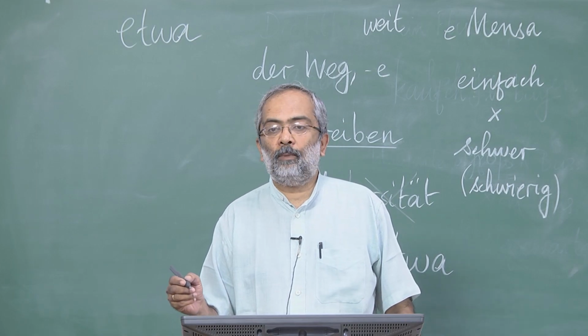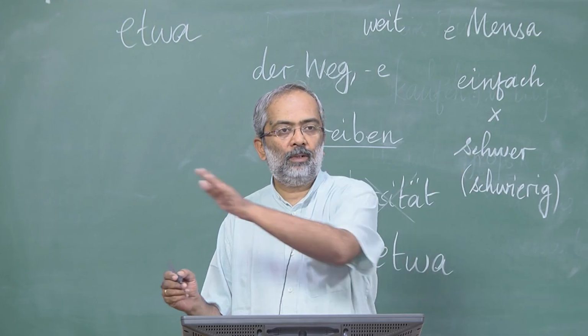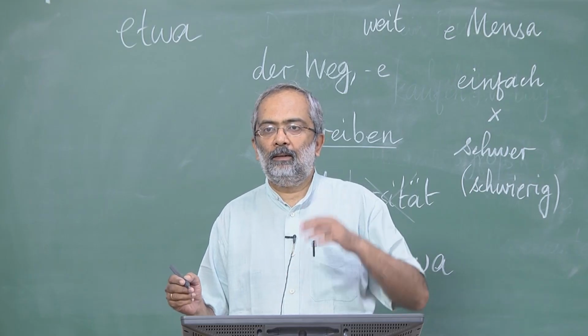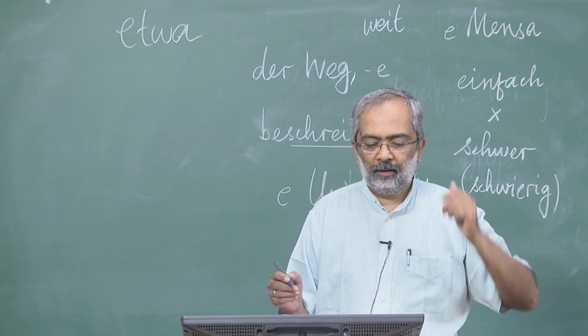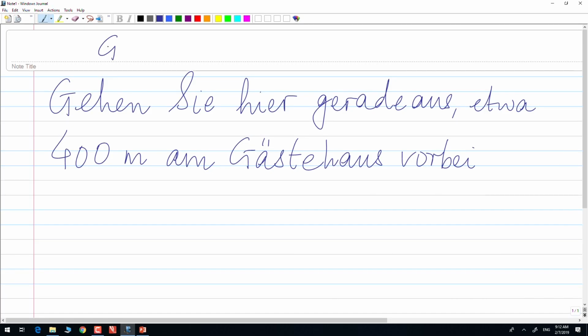Am Gästehaus vorbei. What would that be? Am Gästehaus vorbei. Etwa 400 Meter am Gästehaus vorbei. Not till you reach, vorbei, past the guest house. Okay, past the guest house, am Gästehaus vorbei.